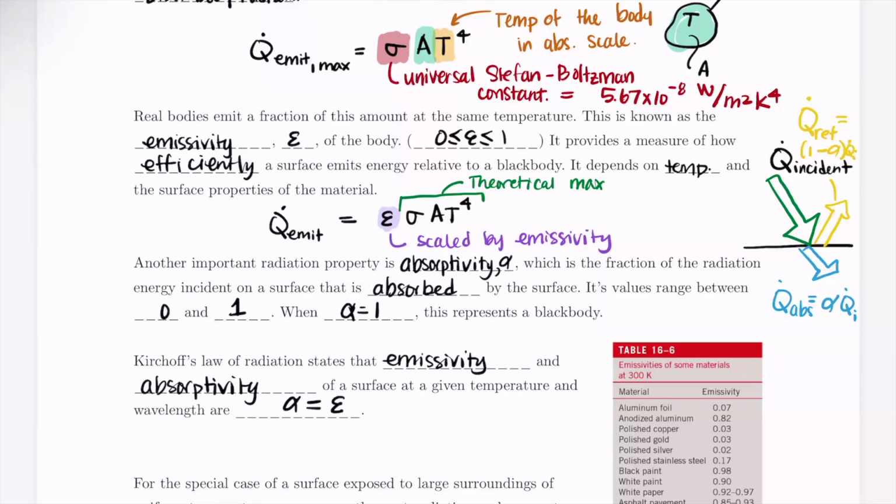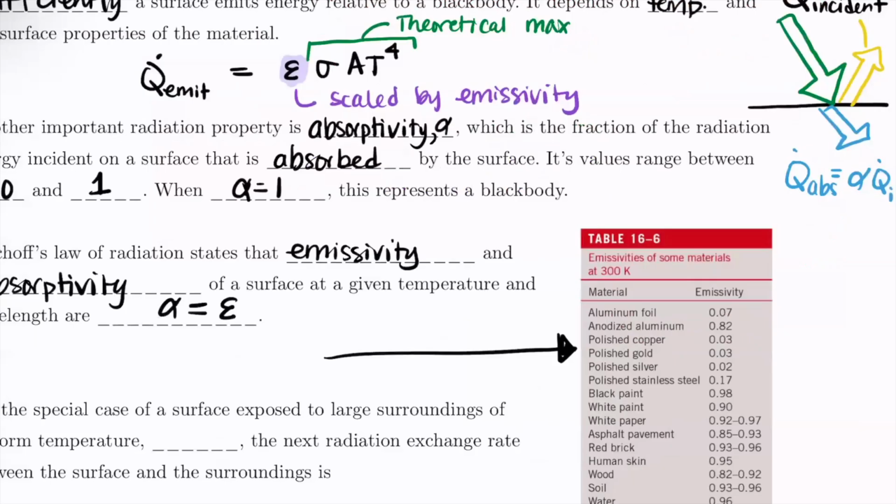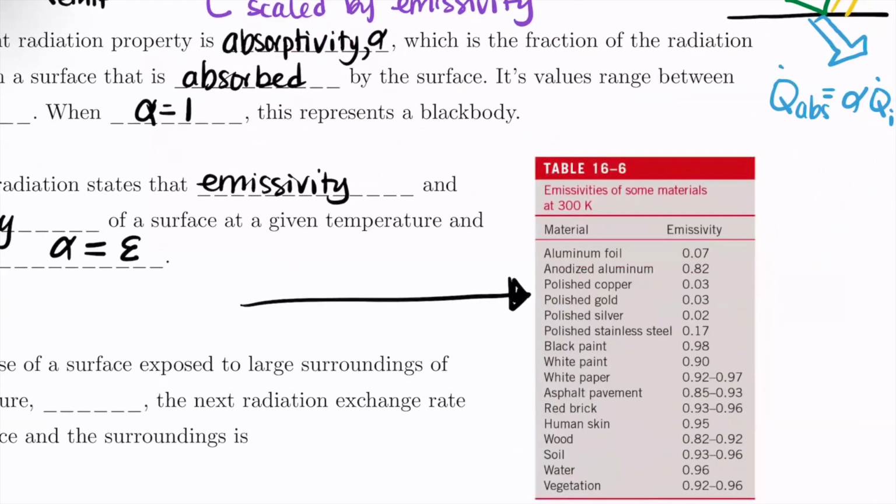And we have standard values for emissivity listed in the table right here. This is from the book. So our emissivity is going to be very low for things like metals, like aluminum foil, copper, gold, silver. And then as you move down this list, your emissivity increases for things like water, soil, vegetation, wood, human skin. Weird thing to list in a table, but yes.